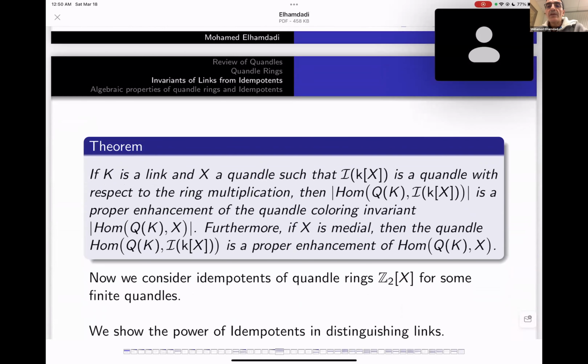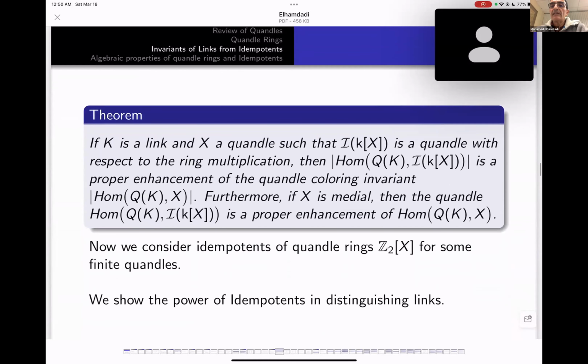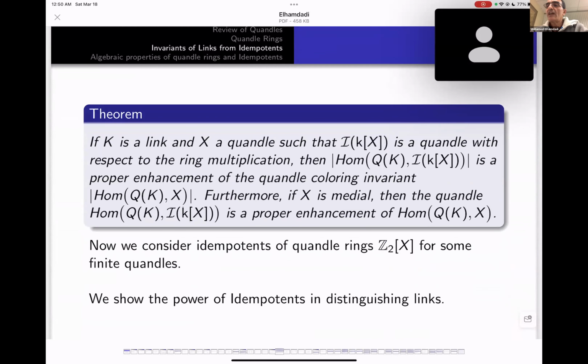We also proved the following theorem. If K is a link and X is a quandle such that the set of idempotents, with its multiplication in the quandle ring, happens to be a quandle, then we get an invariant that is stronger than the coloring invariant.